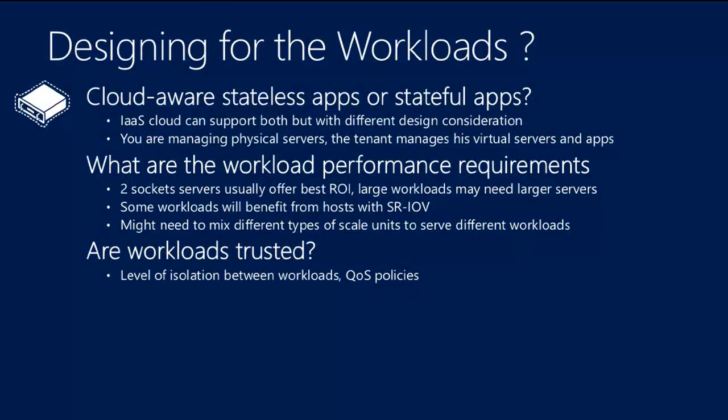Usually, if you're thinking about this problem of an IaaS cloud, you really want to think about 2-socket servers, standard, best ROI. There are some areas where you will have some workload that will require some special capabilities, like maybe SR-IOV for high network performance. If you need that, build it into your design and be ready for that.